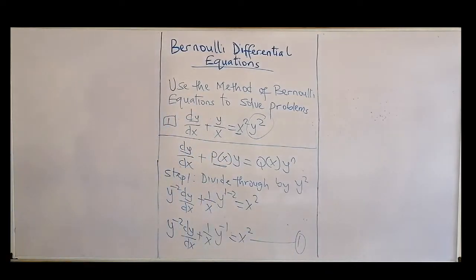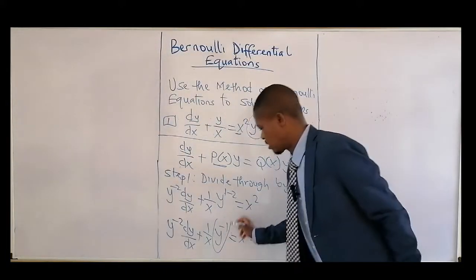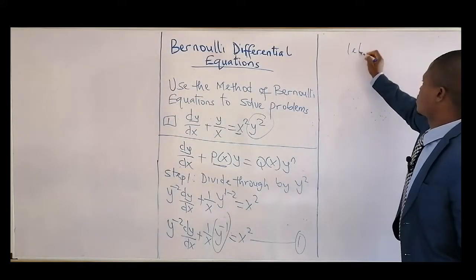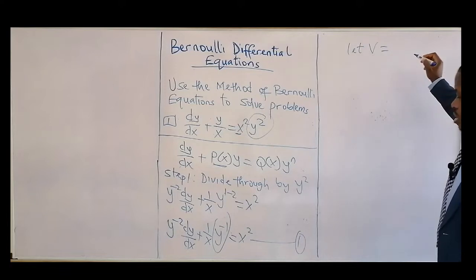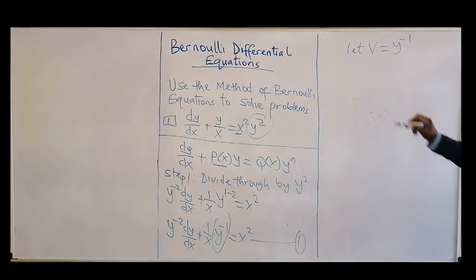We're going to use that to put a substitution value there. So then the next thing to do is to give this one a letter. Let v be equal to y^-1. That's your step 2.